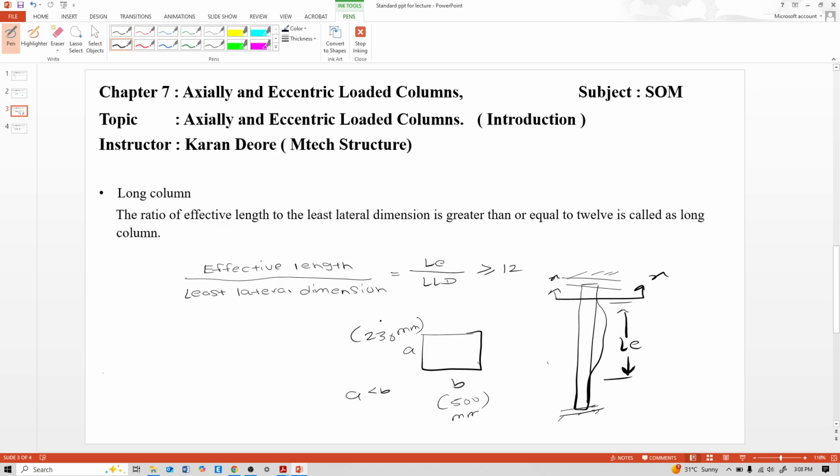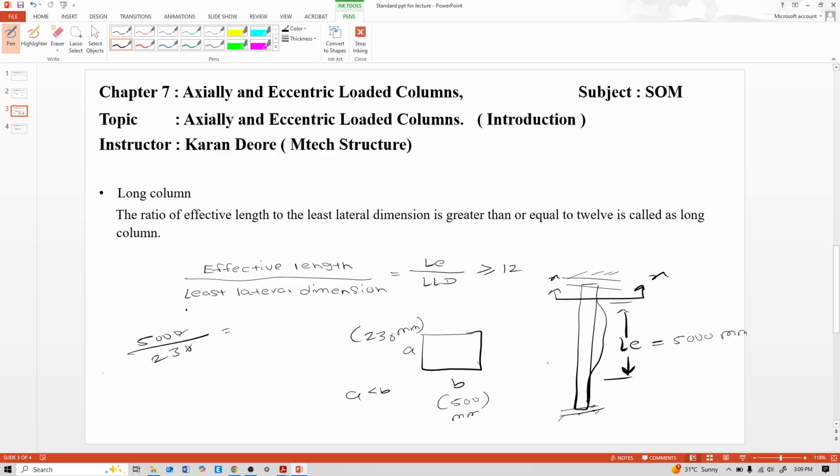So this A is least, and this length LE we will assume as 5000 mm. It is an assumption. So LE is 5000 divided by the least lateral dimension, 230.